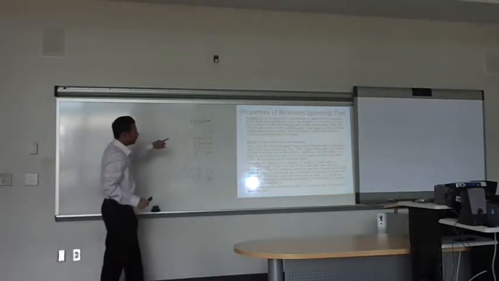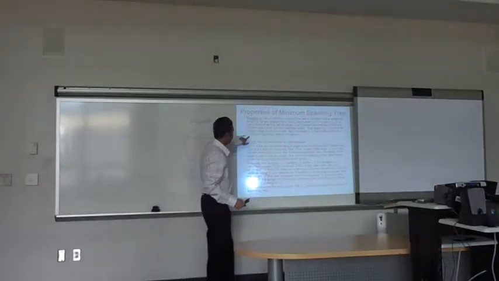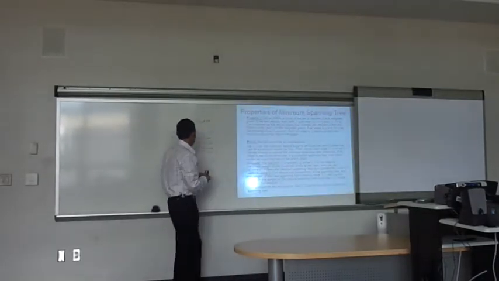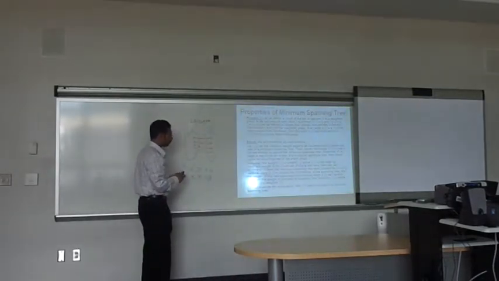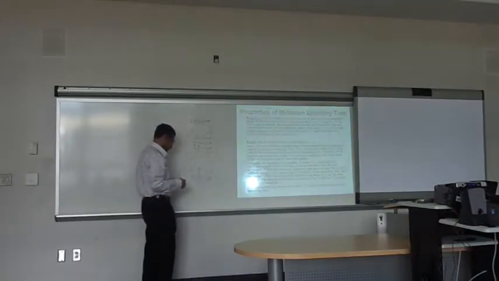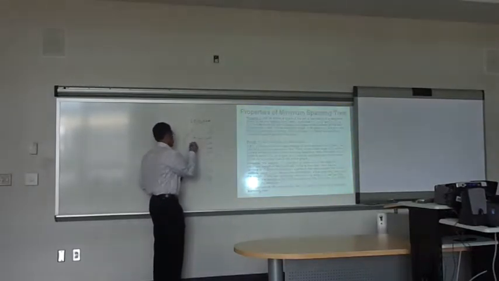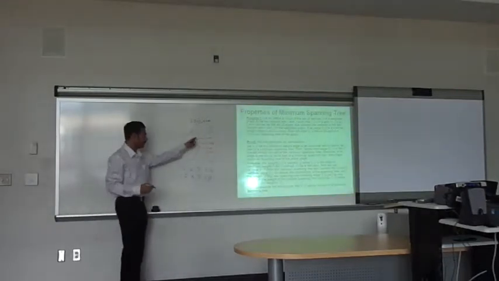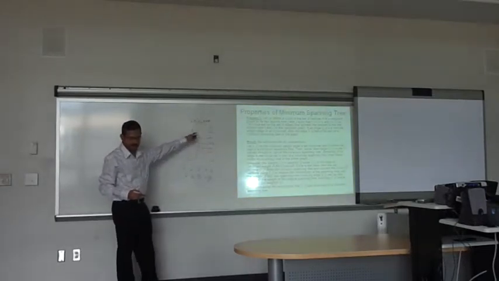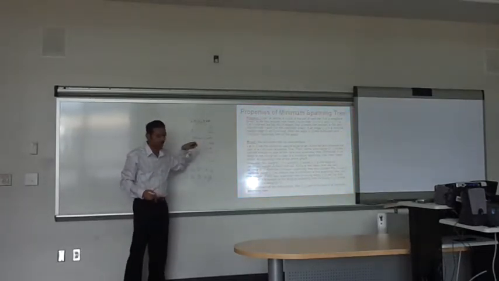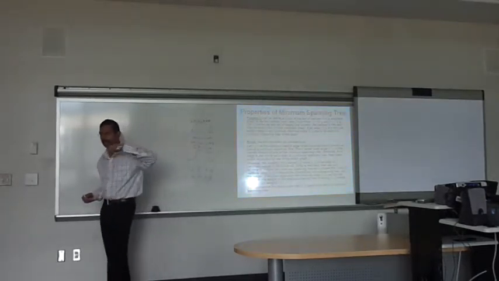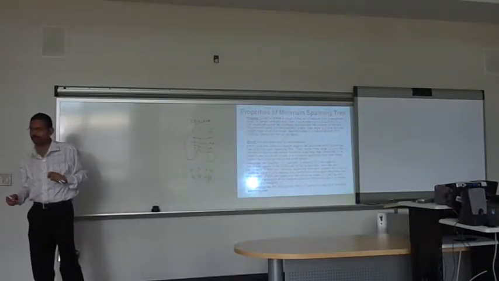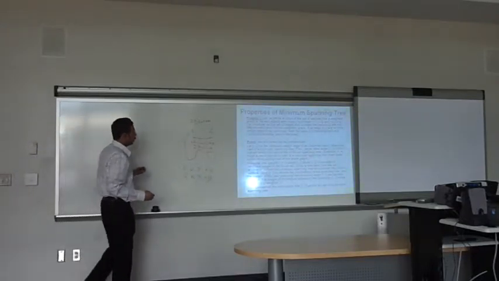So what the theorem states is, if there is an edge IJ, which is the minimum weight edge among all the edges in this cut set, then this IJ has to be part of a minimum spanning tree. Okay?